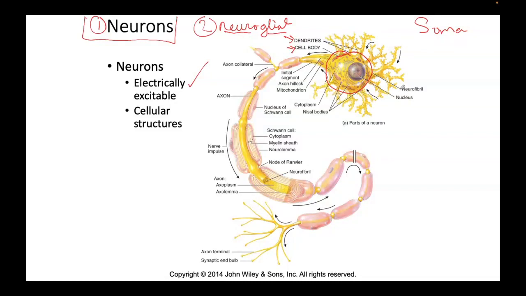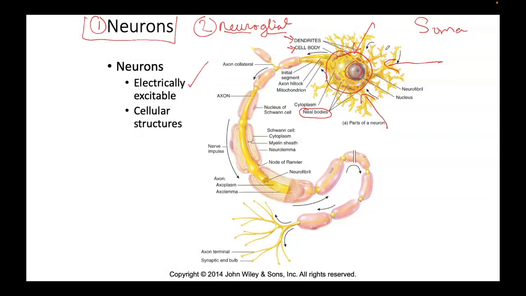So we have dendrites, which are bringing information in, into the cell body where we've got a nucleus, and we've got a bunch of Nissl bodies. Nissl bodies are responsible for making proteins and neurotransmitters for the cell body.